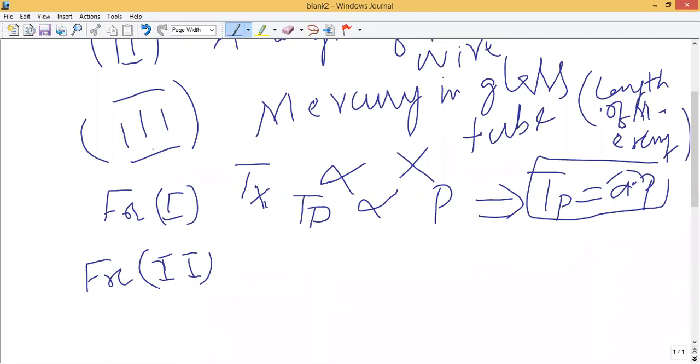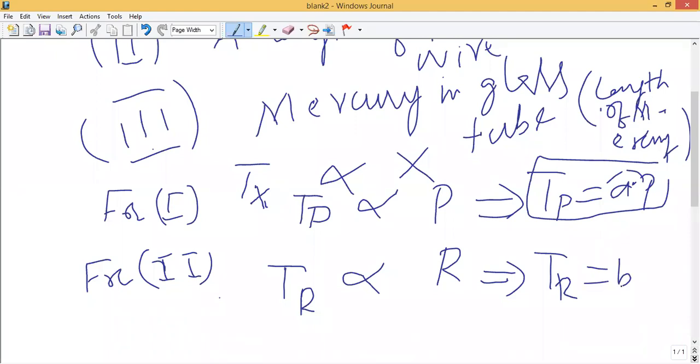So in that case we can write T_R; we measure resistance to measure the temperature, which is directly proportional to the resistance of the wire. So we can write here T_R is equal to B R, where B is a constant. Okay, so this is for the second type.